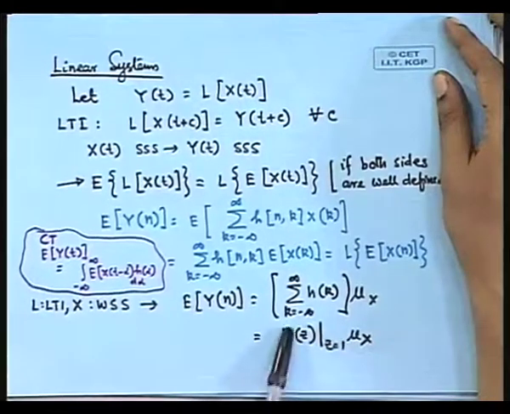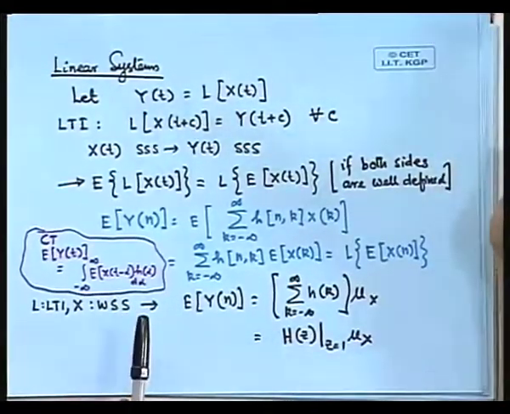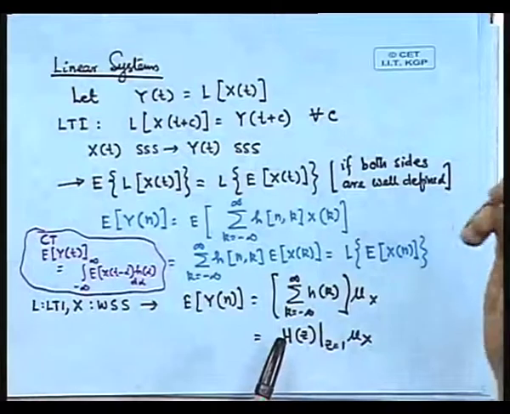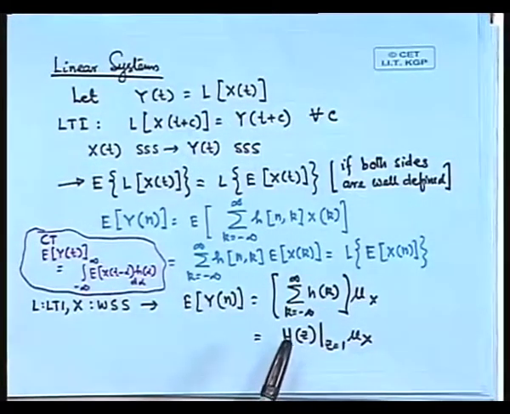So if you are given a transfer function of a filter, let us say, and you feed a random sequence which has a mean of, let us say, 1, then using this formula you can at one shot determine the expected value of the output, right. So that is simple.